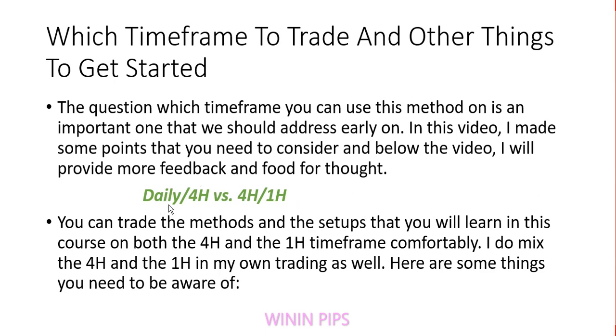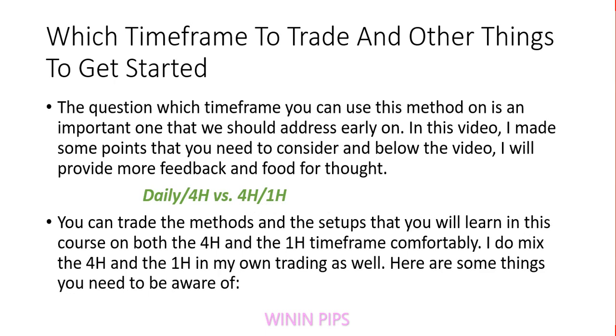So you have the daily and the 4 hour versus the 4 hour and the 1 hour. This simply means that you make analysis on the daily chart, so that you switch to the 4 hour to execute your trade. Or you can also make analysis on the 4 hour chart, then you switch to the 1 hour chart to execute your trade.